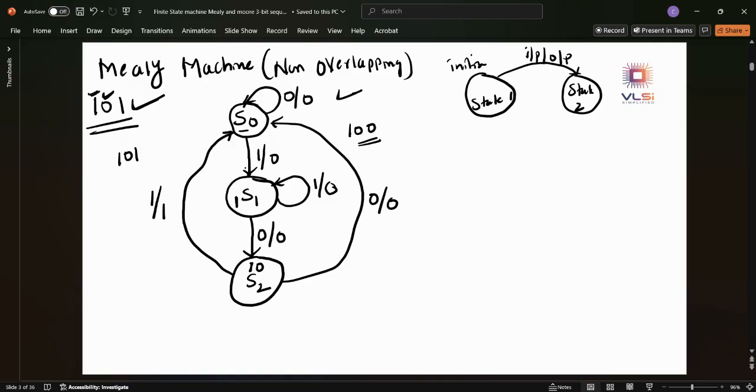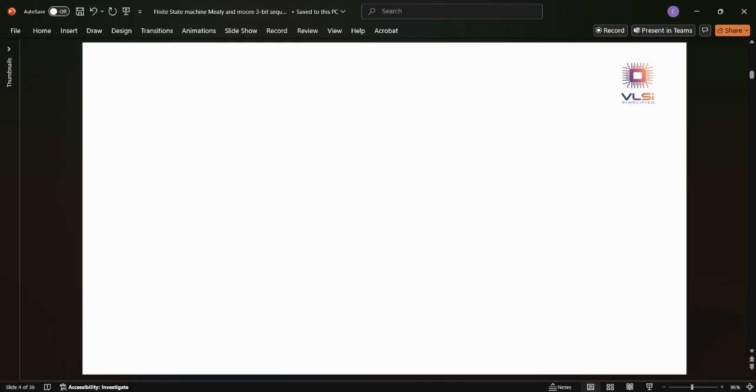Okay, suppose I do overlapping. If you see the overlapping Mealy state machine for 101 overlap, how many states do you have?